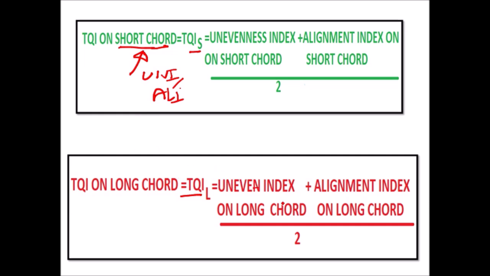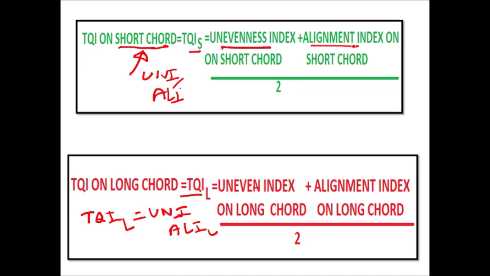Similarly, TQI on long chord is given as (unevenness index on long chord plus alignment index on long chord) whole divided by 2. So TQIL over long chord is a function of unevenness over long chord and alignment index over long chord. Up to here clear?